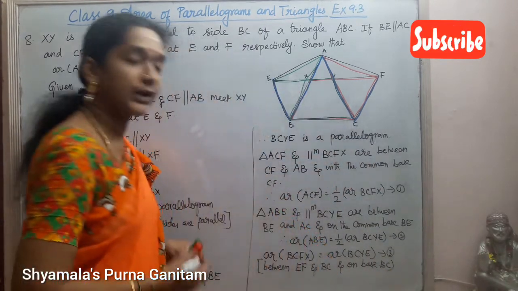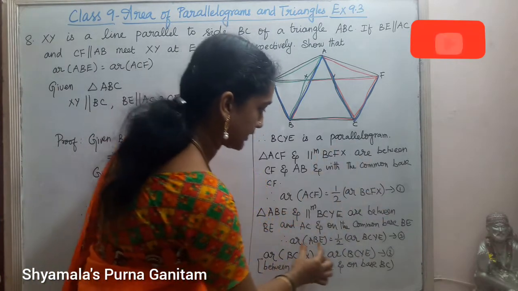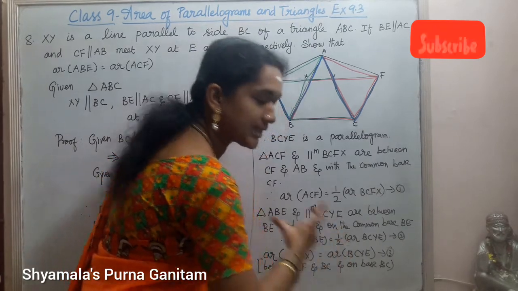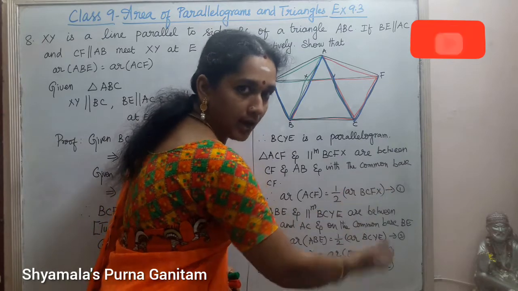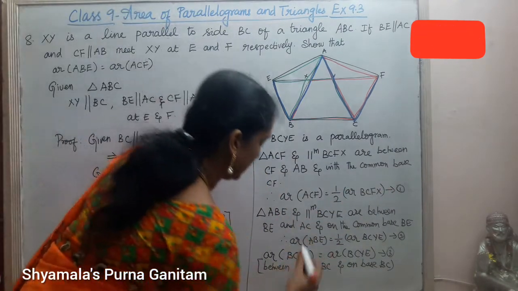So from 1, 2 and 3, see here, ACF is equal to half of BCFX, ABE is equal to half of BCYE. Now BCFX and BCYE are equal. These two are equal, RHS is equal. So obviously LHS will be equal.